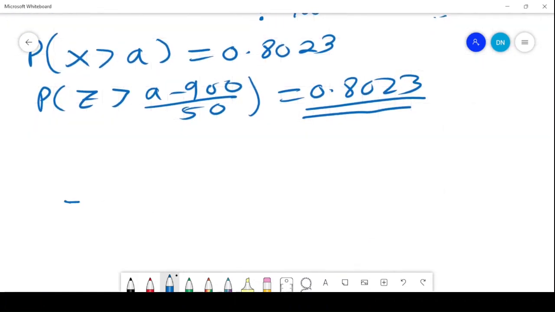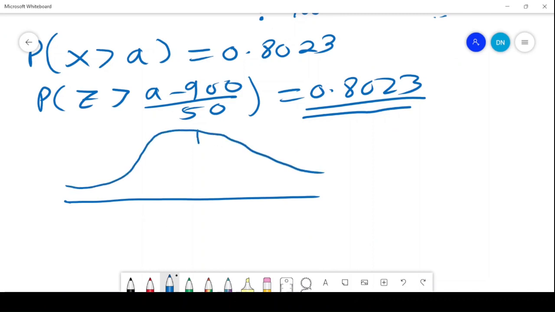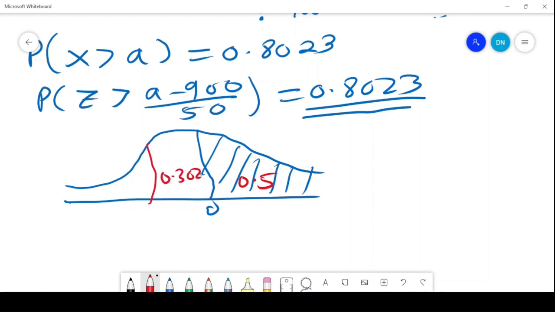So what we have is, we already know that this is 0.5. This is known. What we don't know is this part, 0.3023. And what will be the value there? So if we look for 0.3023, it will be 0.85. It will be negative 0.85.